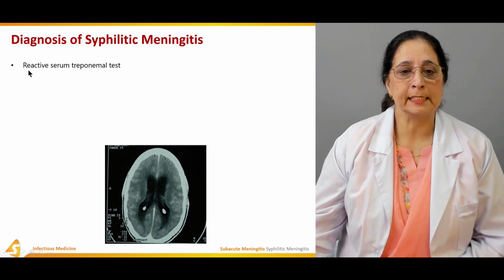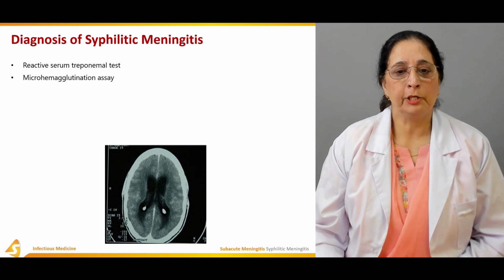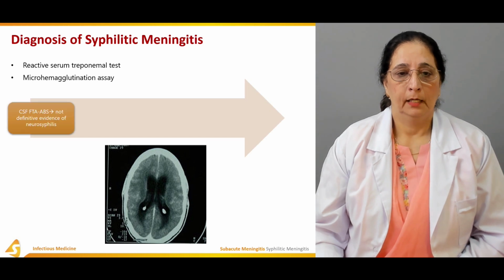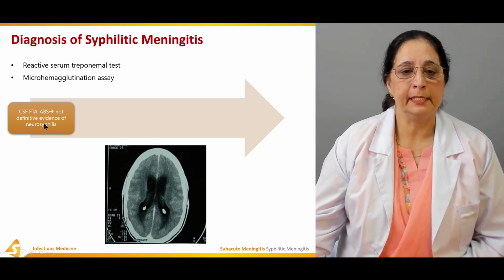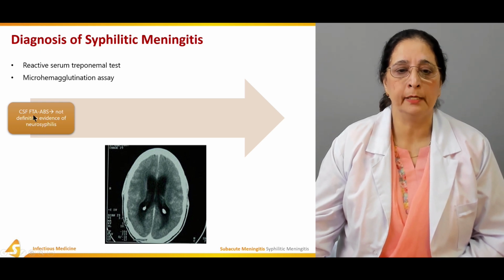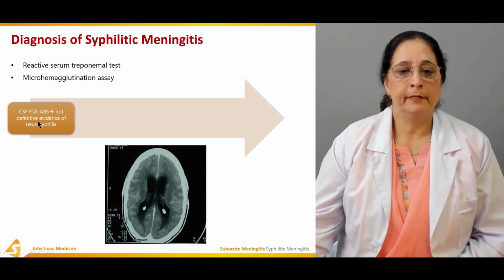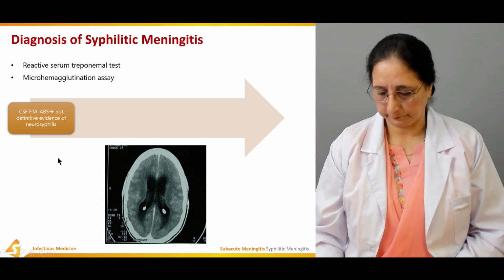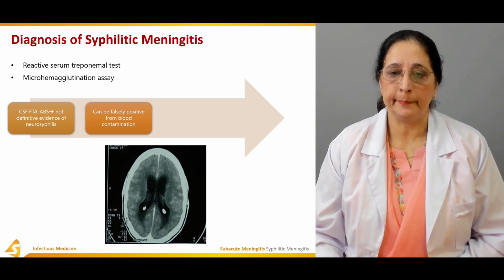So we have a reactive serum treponemal test, microhemagglutination assay, and the CSF FTA-ABS test, which is not definitive evidence of neurosyphilis. It can be falsely positive from blood contamination.